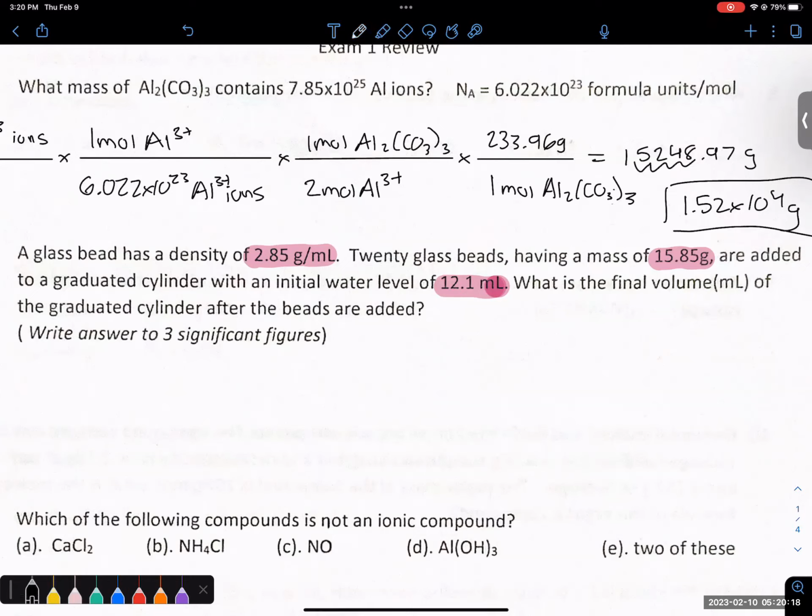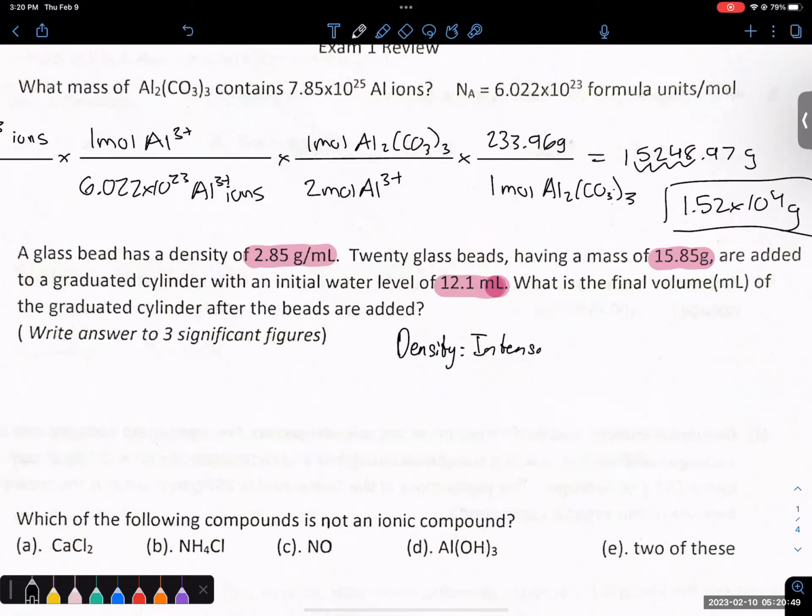So first of all, is density considered an intensive property or an extensive property? Intensive, because it doesn't change with the size, if the size gets bigger or the mass gets bigger. Yes, it's independent of how much is added. So density is intensive.